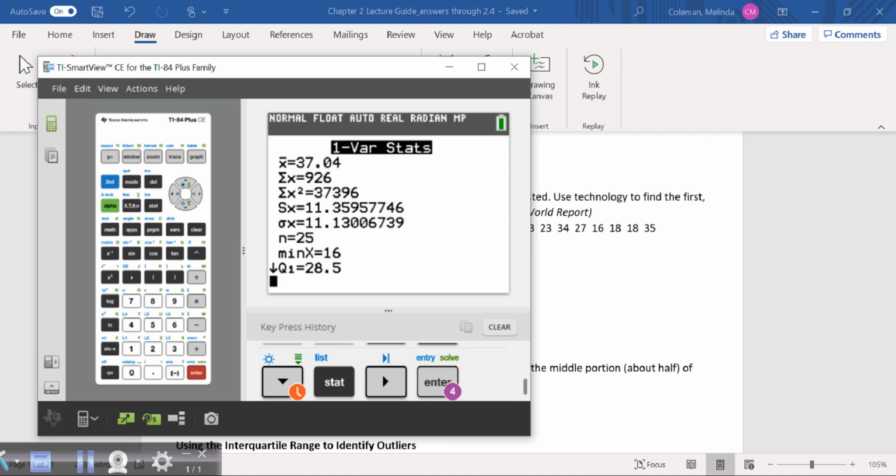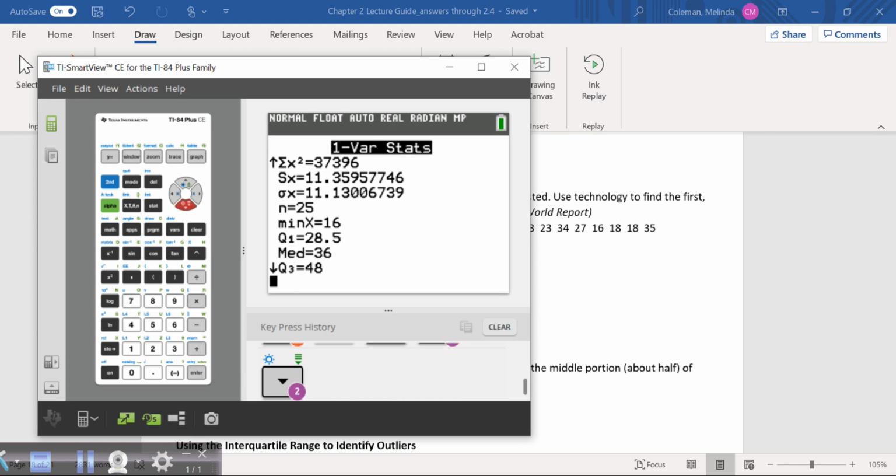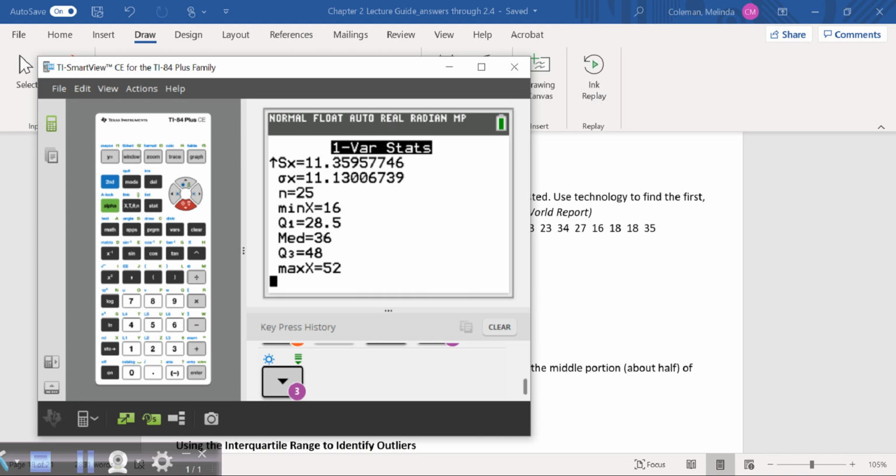And now if you look down here at the very bottom, it does tell me that Q1 is 28.5, and the arrow means there's more information. And so Q2 is the median, so that's 36. Q3 is 48. It also tells me my min and my max, which we're going to use here in just a minute.